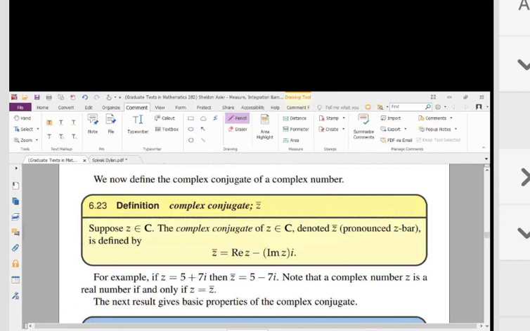And we have the definition of complex conjugate, that bar. You know this definition. The conjugate of z, denoted by z bar, equals the real part of z minus the imaginary part of z times i.